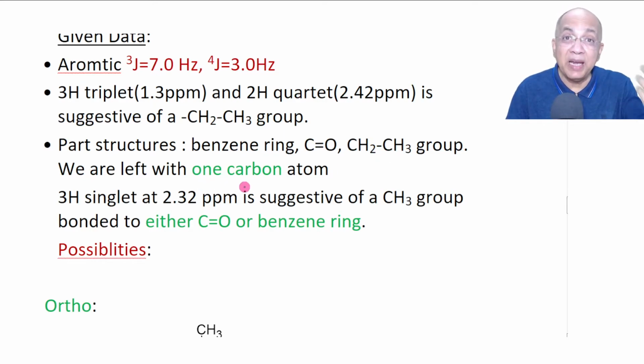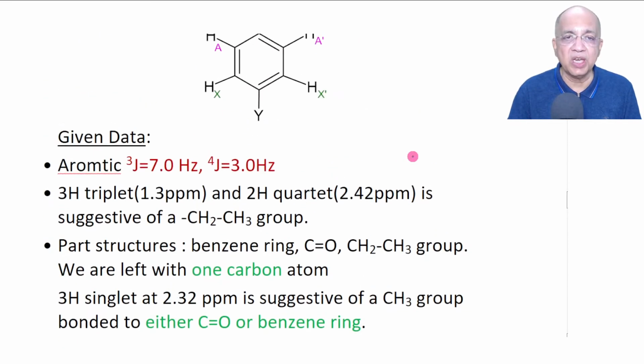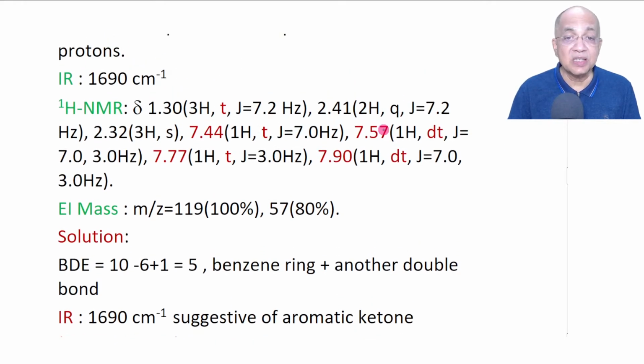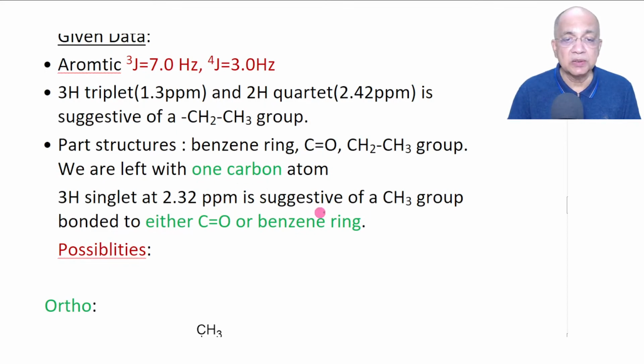So the remaining carbon must be in the form of CH3, because there is a CH3 triplet as well as a CH3 singlet. So this CH3 singlet at 2.32 is definitely this one, suggestive of a CH3 group bonded to either the keto group or the benzene ring.